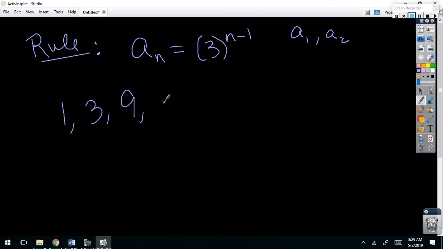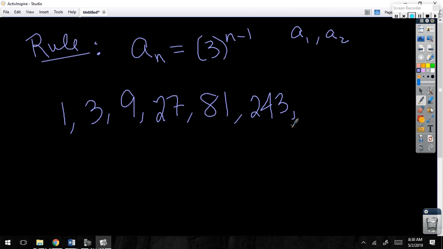So 1, 3, 9, 27. 3 to the first, second, third, 81. 1, 2, 3, 4, 5. 243. That's it, we can stop there. I said 6. That's 6. Do you see what we're doing? Easy peasy so far, right? You just wait.